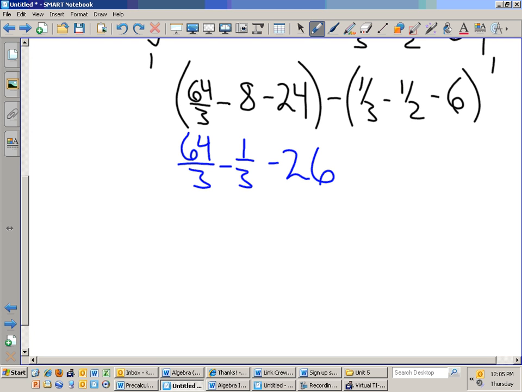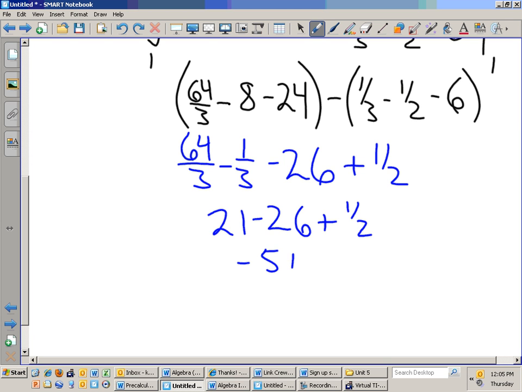And then I have a minus a negative 1/2, which would be a plus 1/2. Also, this is just 63 over 3, which is 21 minus 26 plus 1/2. So negative 5 plus 1/2 is equal to negative 4 and 1/2. So that's how I do it. Okay. All right. That's great. We all get to make a choice in how we want to do it, right?